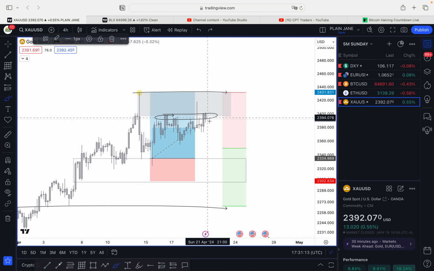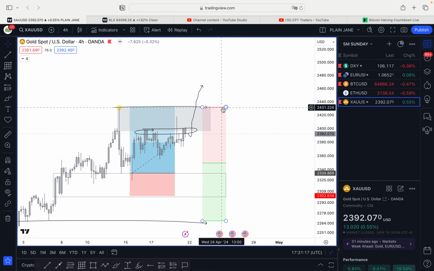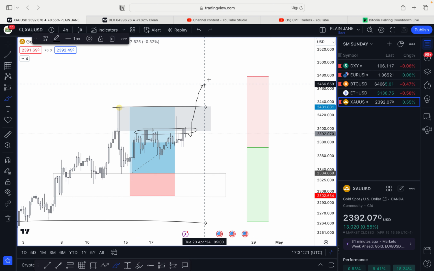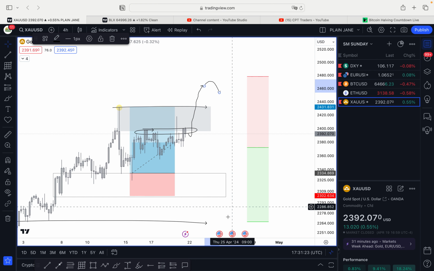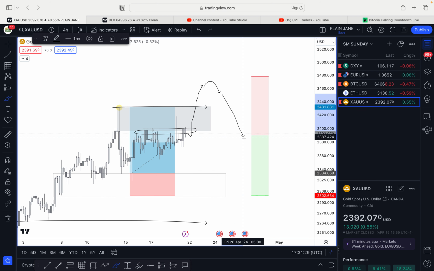We want to be waiting for this high to get taken again. And then depending on where price puts the next high in, let's say for example here, from this swing low you want to be looking for price to come back into the discount level of 23.80 to start looking for longs again.